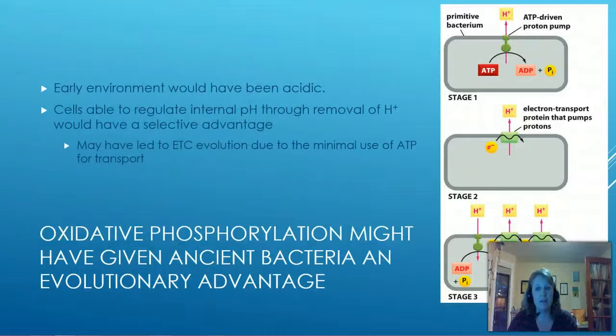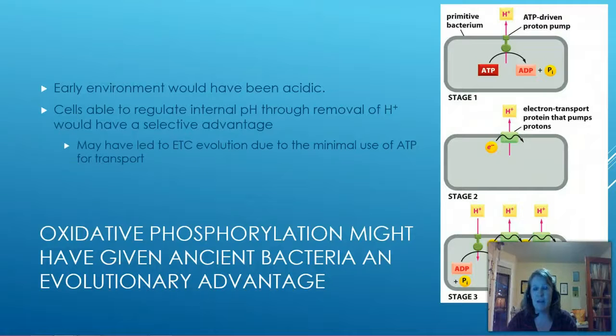All right, so let's talk a little bit about ATP synthase. Obviously, both these organelles use this machinery. But we want to know, how did this machinery possibly evolve at first? Well, the first thing you have to think about is back to the environment that these cells first existed in. The early environment would have been really acidic.